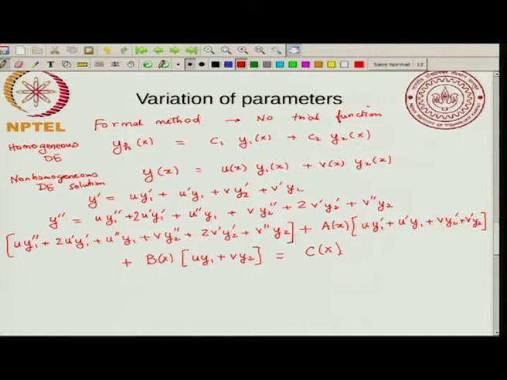So we took this trial form of y and substituted it in the differential equation. Now you have to look at it term by term.